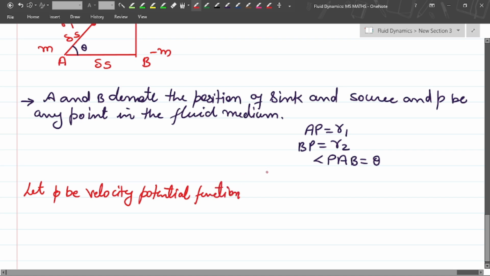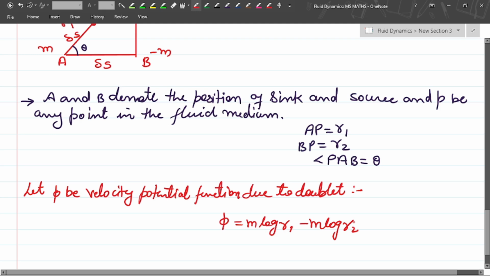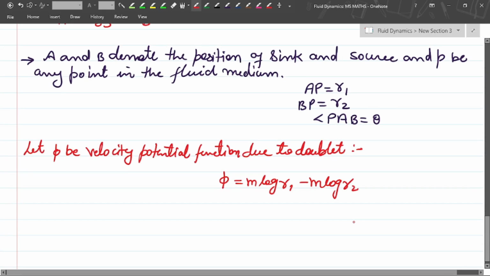Then the velocity potential function due to the doublet is phi equals m log r1 minus m log r2. So I can write it as m into log of r1 upon r2. So phi is equal to minus m log of r2 upon r1.